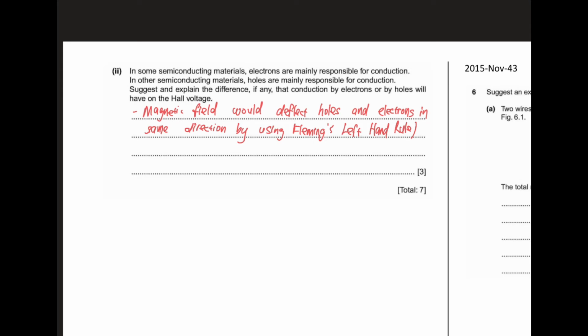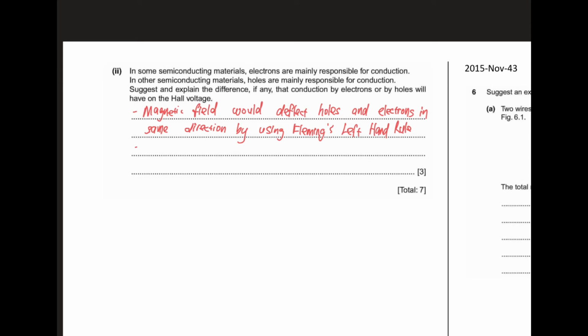Okay, this is the first point. So you know, we use Fleming's left hand rule to find the Fm. The Fm will push the holes, or will push the electrons, in the direction that follows the Fm.